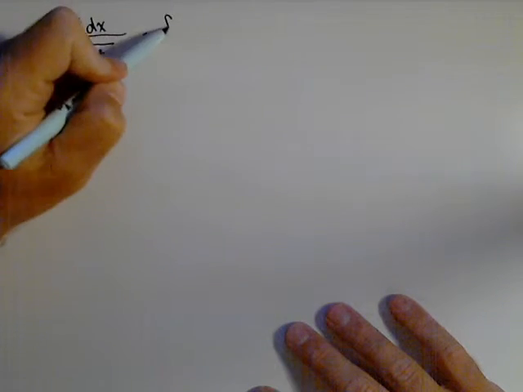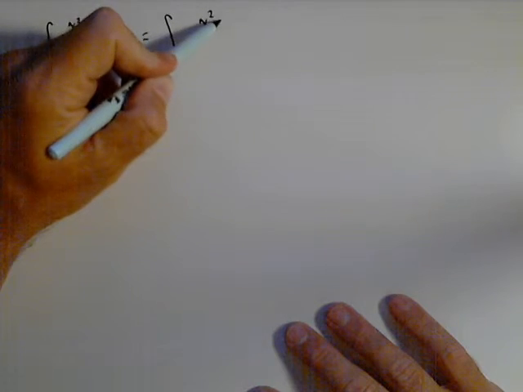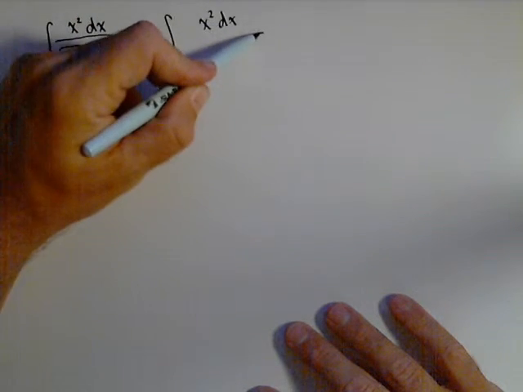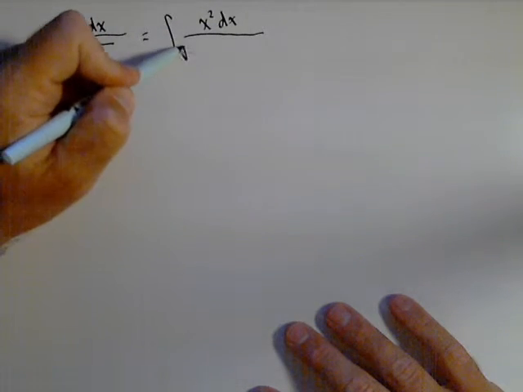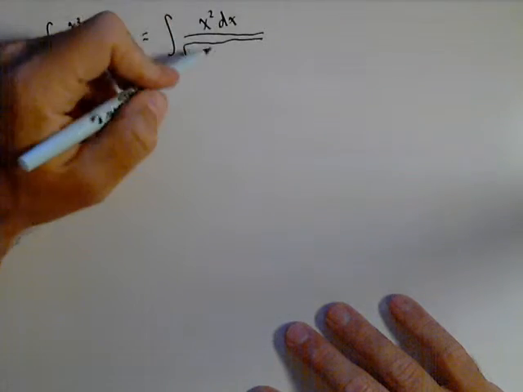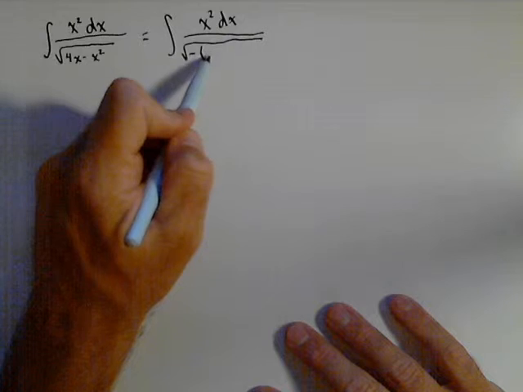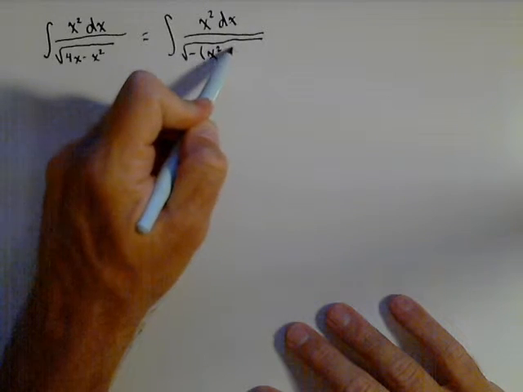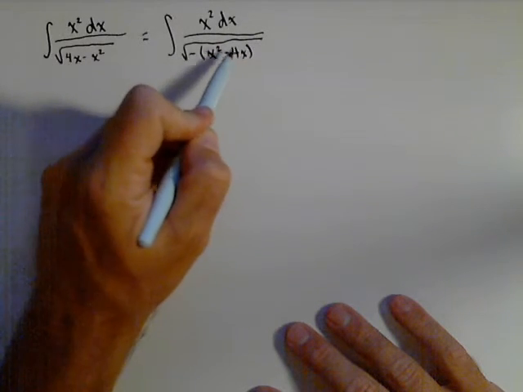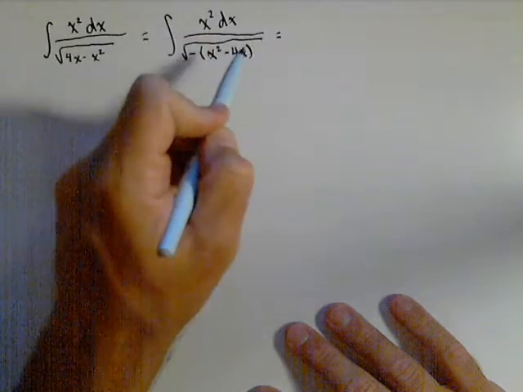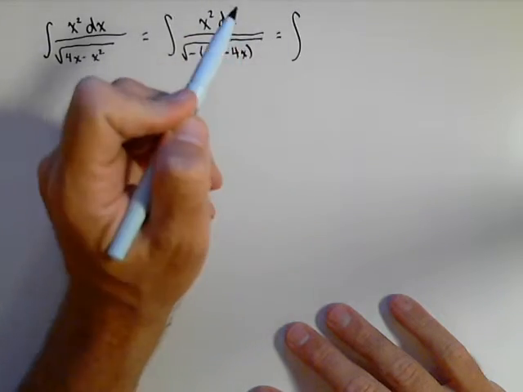So under that radical, we need to complete the square, and I'll show you a way of going about it. I'm going to factor out a negative because I always like my x squared to have a positive term. So x squared minus 4x. I'm going to complete the square on that part in the parentheses.